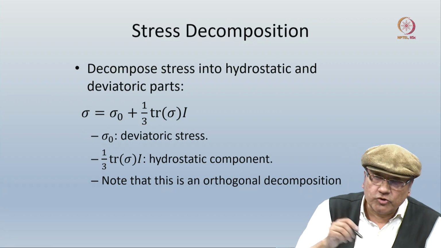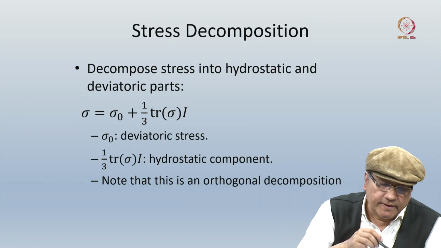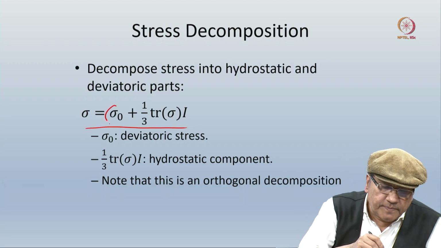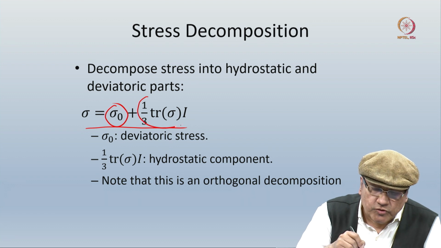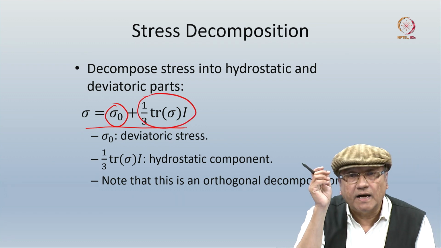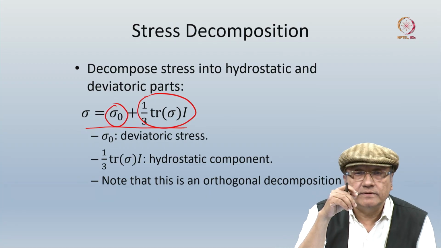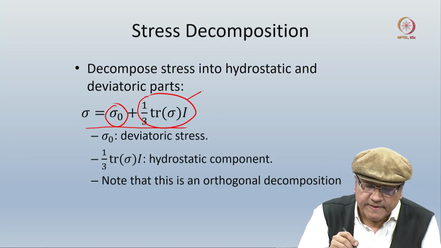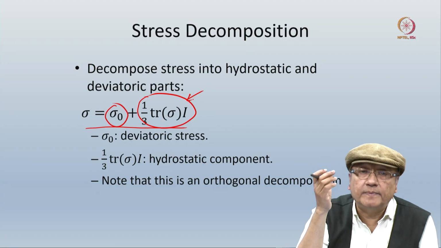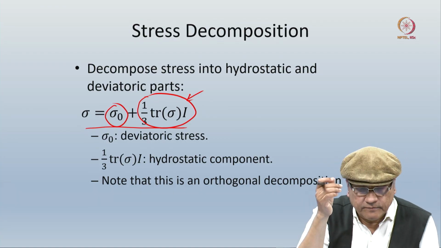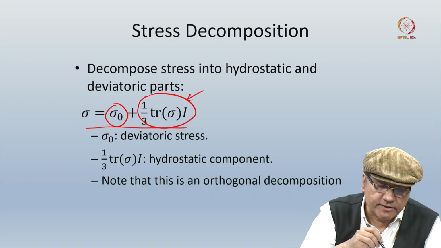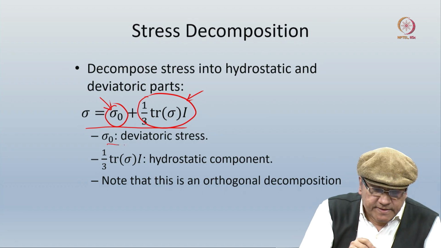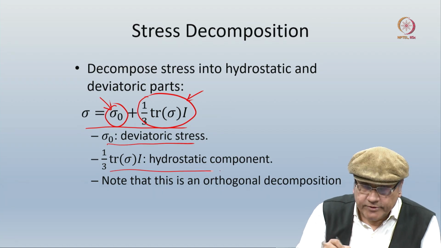So, the stress, which is a tensor valued function on the body, will be written in terms of the deviatoric part, sigma 0, plus 1/3 trace of sigma times I, where I is the identity matrix in 3D, that is the 3 by 3 identity matrix. This part is called the pressure part or the non-deviatoric part, the volumetric part of the decomposition. This is the deviatoric part. So, sigma 0 is the deviatoric stress, this is the hydrostatic component.